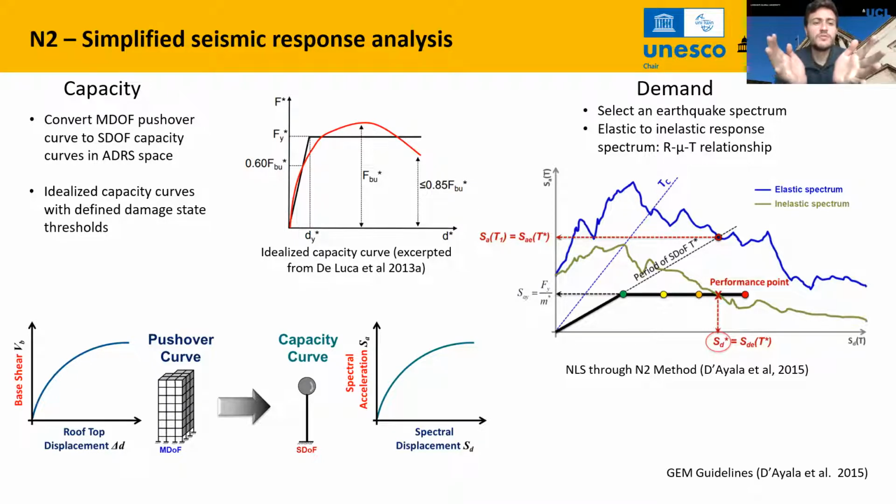So here you start to correlate the two things that we did in the previous steps. First the pushover, and then you correlate it with the hazard to see how your structure will behave. And all the details on how to do this will be explained in the next presentation by Rohit.